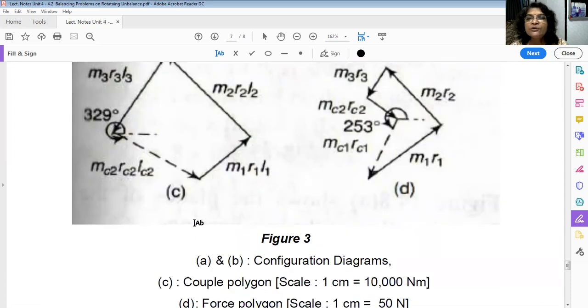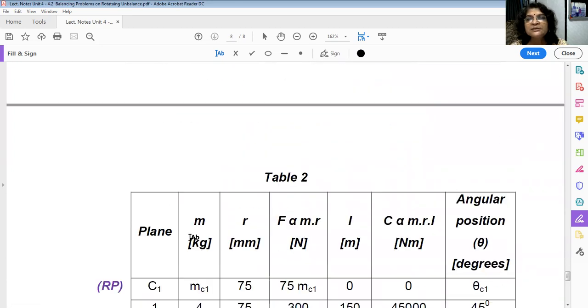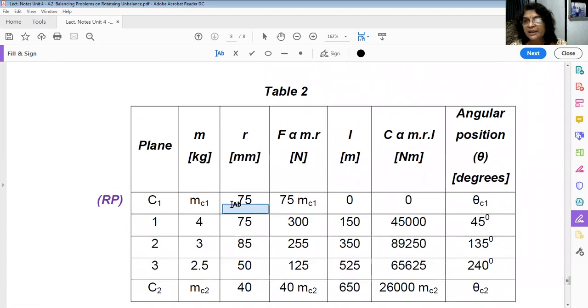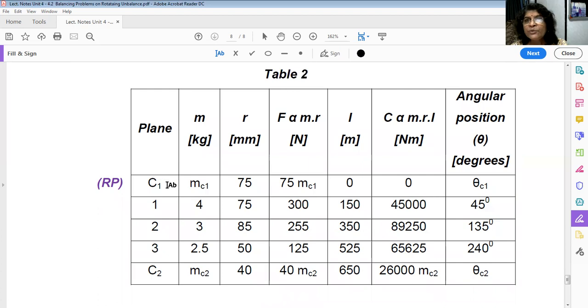Okay, now how to draw this couple polygon? See, this is the table. As I told you, you have to first prepare the table. These are the different columns of the table. What are these columns? First column is always of plane. So how many planes are there? C1 and C2 are the 2 planes wherein we have to provide the masses to balance the system.